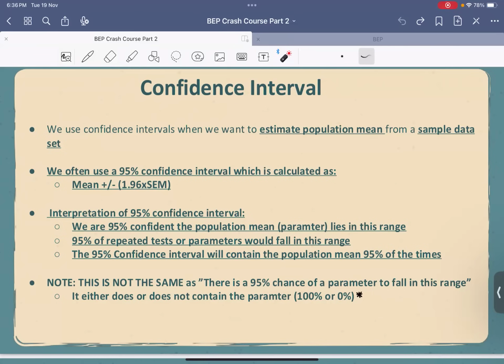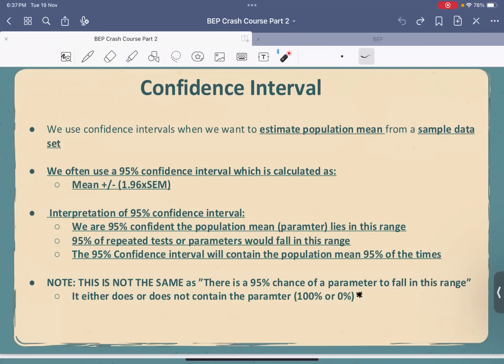And we're also saying that if we do other tests for other samples, 95% of them are going to fall in this confidence interval. So for example, let's say the mean of a sample A was 8, okay? And our 95% confidence interval was 6 to 10, let's say, okay? So this is the 95% confidence interval, and obviously the mean is in the middle.